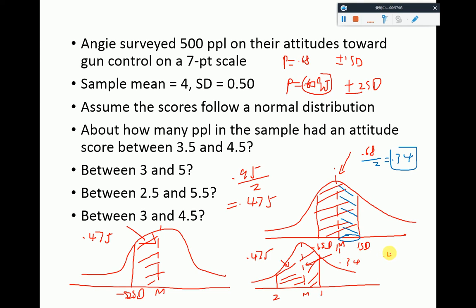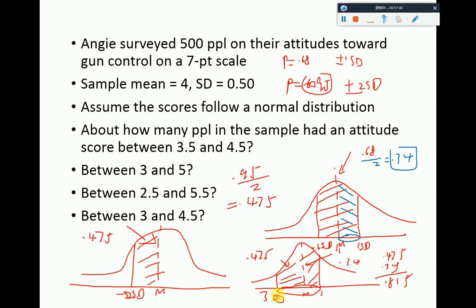So 0.475 plus 0.34 will give us 0.815. So the probability of finding any score that's above two standard deviations below the mean and below one standard deviation above the mean, that is this part, is 0.815.